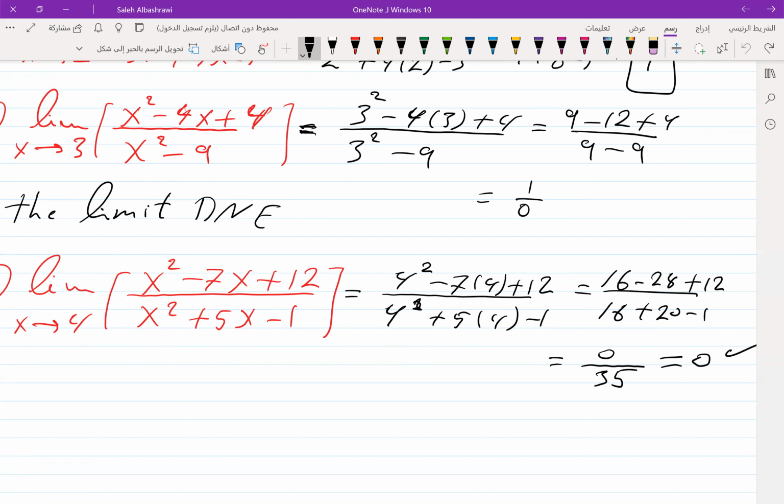So the limit in this case is equal to 0. Here the numerator is equal to 0, but the denominator is not equal to 0. So it is 0 over 35, which is equal to 0.